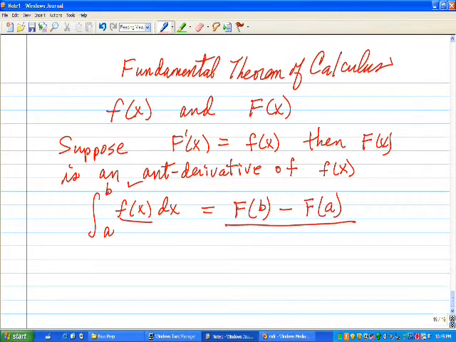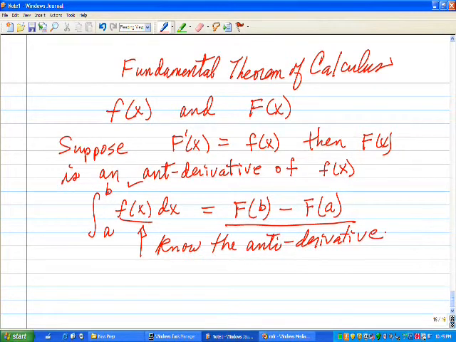That's a remarkable theorem, and it helps us solve a lot of problems. And so the idea here is to know the antiderivative.